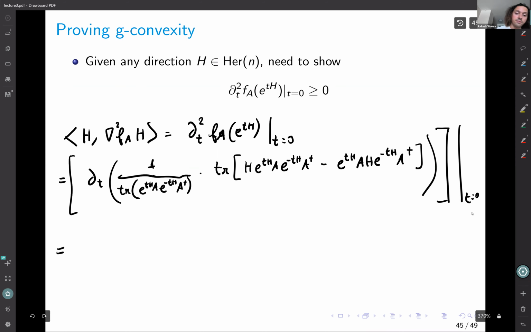Well, for this next derivative we can just use the quotient rule. So we're going to have the derivative of the first guy, the numerator.